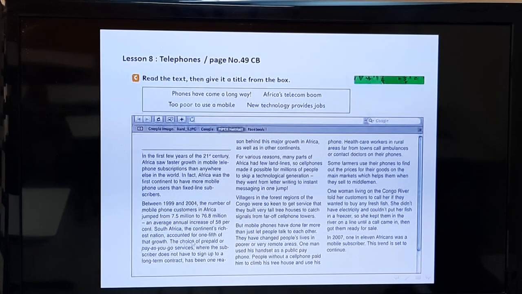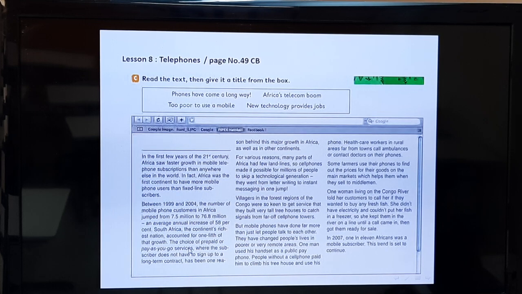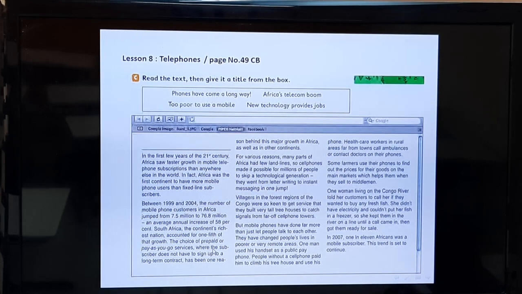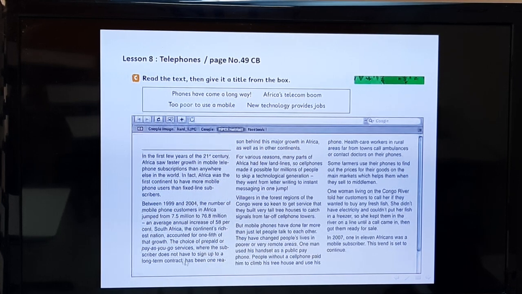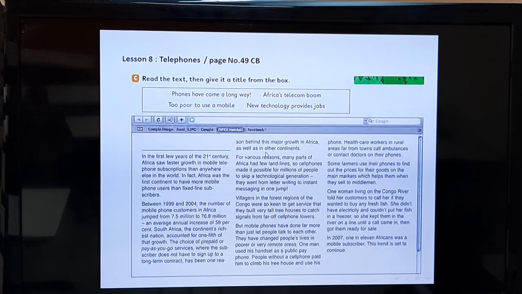Prepaid means pay as you go service, where the subscriber does not have to sign up to a long-term contract, has been one reason behind this major growth in Africa as well as in other continents.